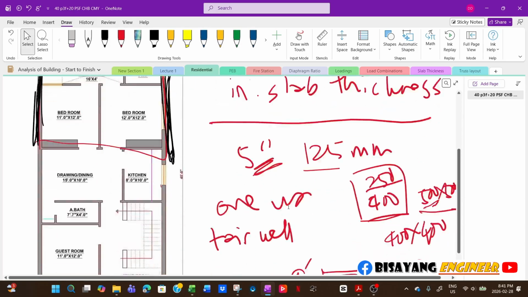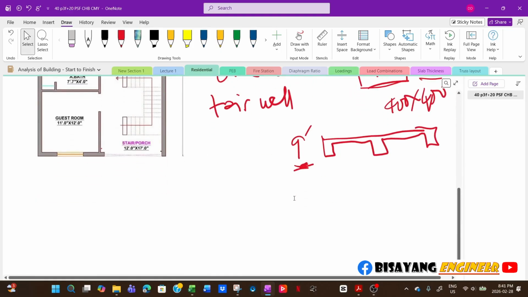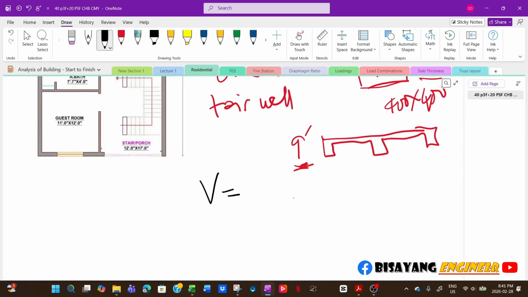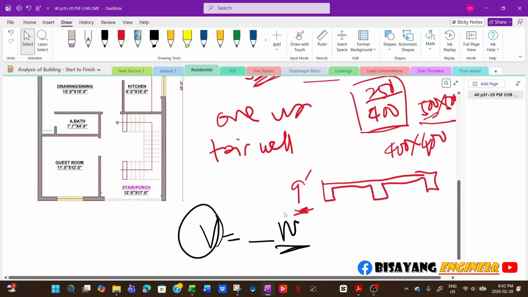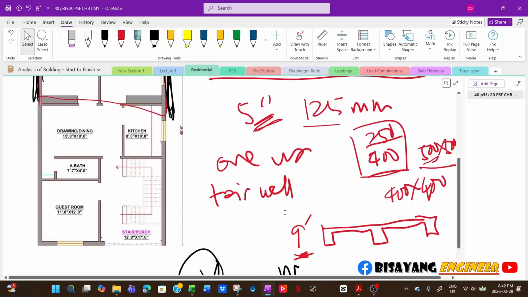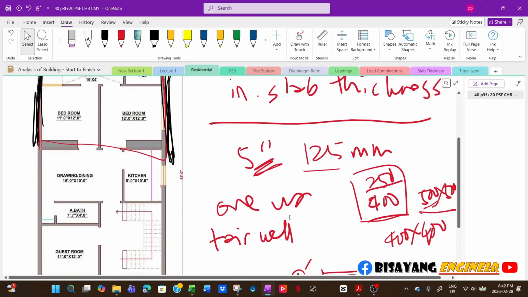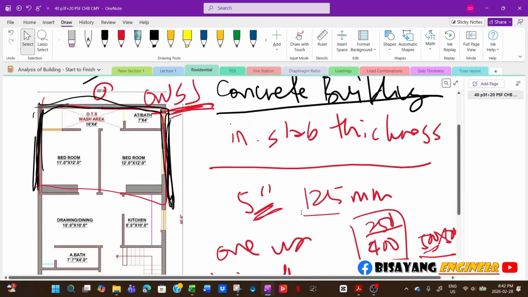If you remember our discussion regarding seismic load, our design base shear is a factor of your building weight. So the heavier the building, the bigger the base shear for your seismic calculation. So I don't really understand why we are still using masonry units or concrete hollow block in our partition walls.